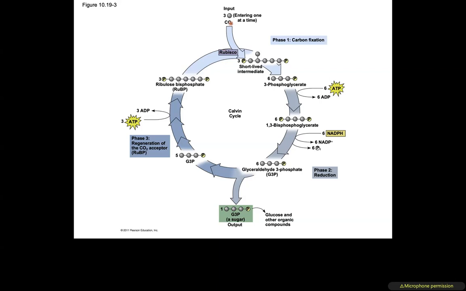And as it receives those CO2 molecules, there's already this molecule waiting around. It is called RuBP, ribulose bisphosphate. And if you count it, how many carbons? 1, 2, 3, 4, 5. It has 5 carbons. And so the RuBP is going to be sitting here with the rubisco waiting for a CO2 to come in.